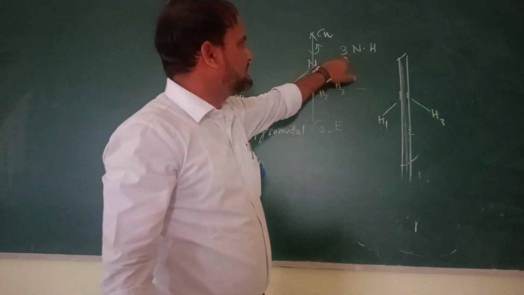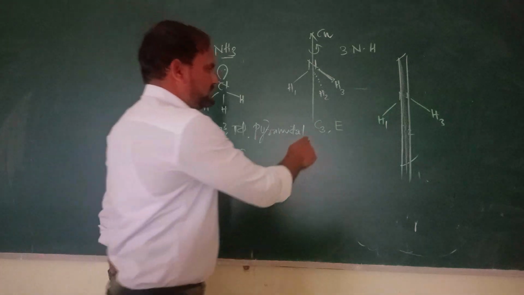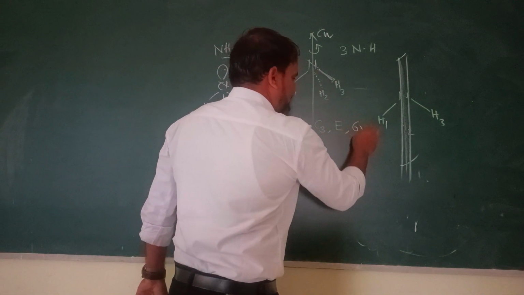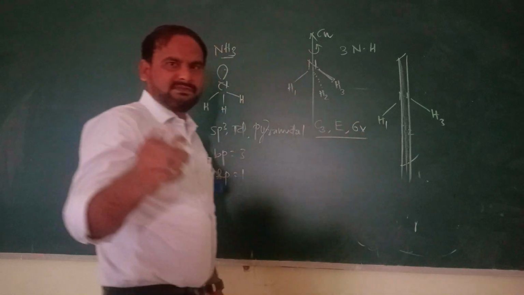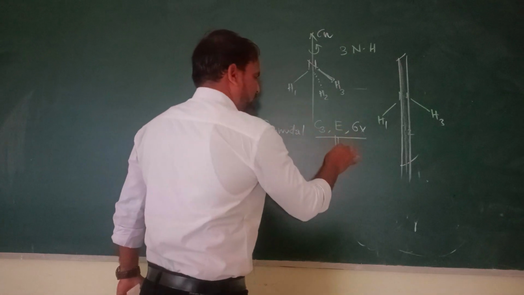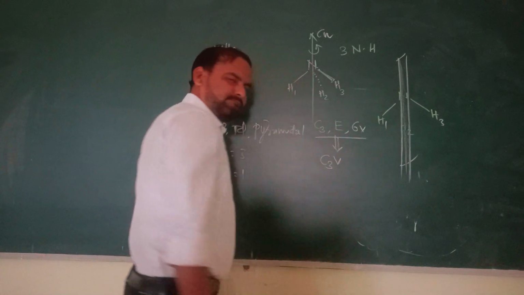How many nitrogen-hydrogen bonds are there? 3. So there are 3 sigma V's. So one is C3, identity, and sigma V. These are the symmetry elements for ammonia, and if we want to make a point group, it will be C3V.